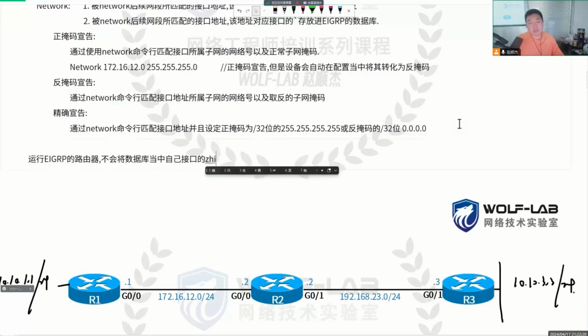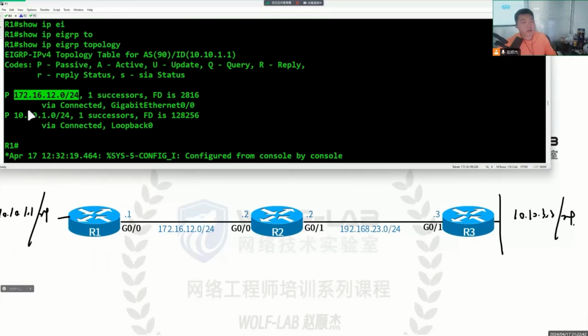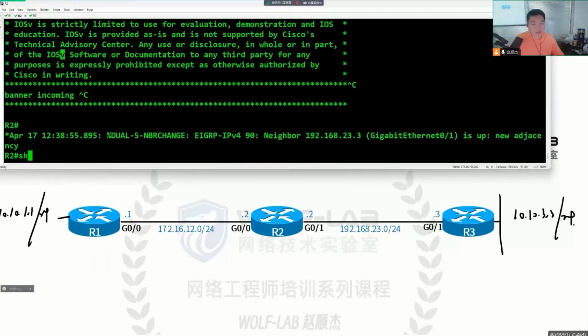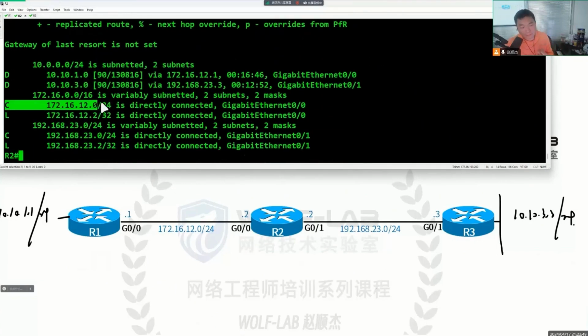R1's database contains 172.16.12.0, and R2's 0/0 interface also belongs to 172.16.12.0. It will also put its directly connected route into the database. So R1 will not announce its own directly connected route generated by the interface to the same network segment.